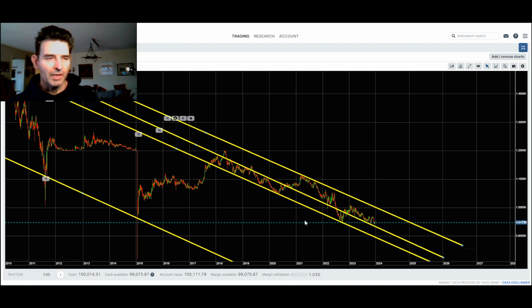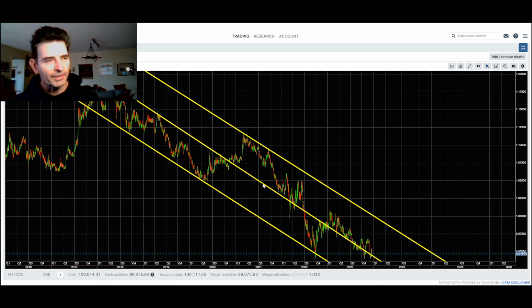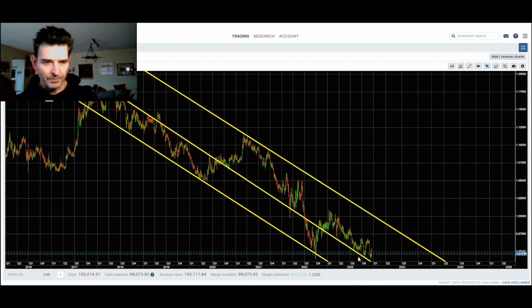So we've got this other support, same basic channel here, resistance there, turning to support. Let's fine-tune that to the most recent support lines there, and here it's bottomed out at this low point. 1, 2, 3 times it's come down to here.